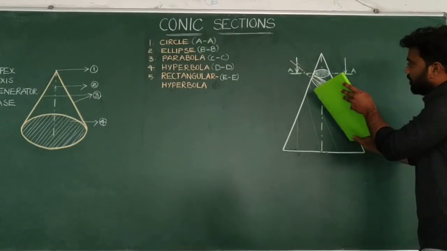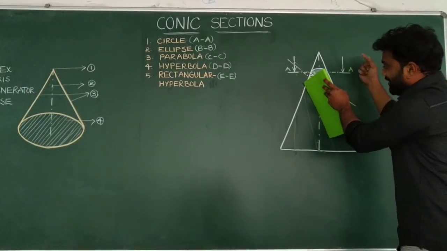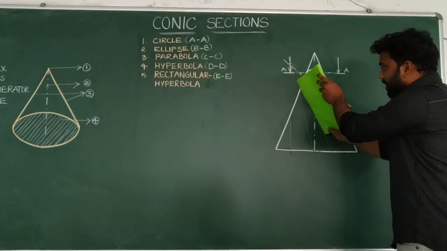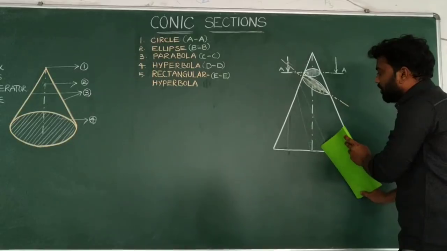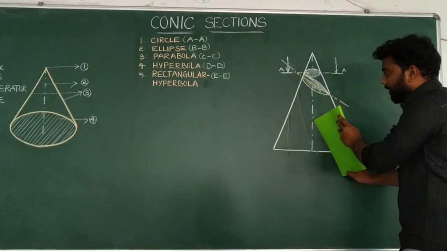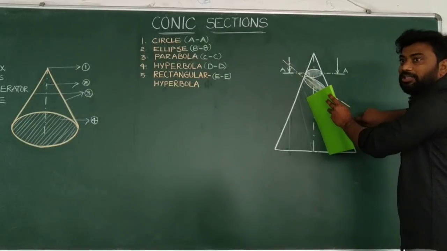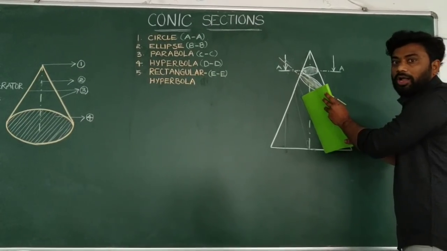So we can take the sectional plane parallel to the right side generator. Then cut the object in this direction, and if we observe here, this sectional plane is not cutting this generator.